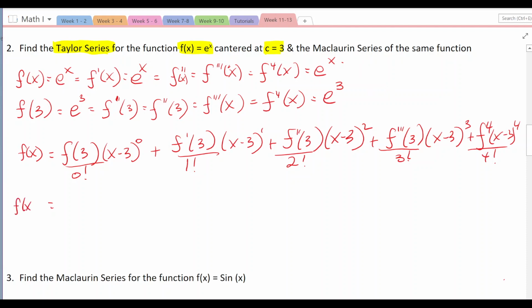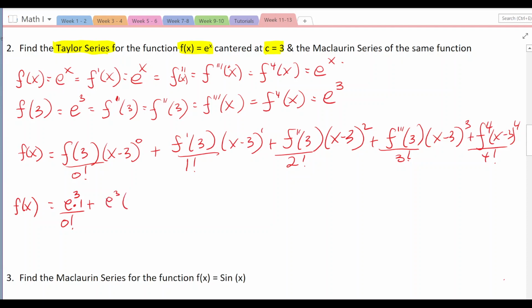So f is e to the 3 for the first term, divided by 0 factorial, which is basically 1, and multiplied by 1, because x minus 3 to the power of 0 is basically 1. The first derivative is also e to the x, which is e to the 3.